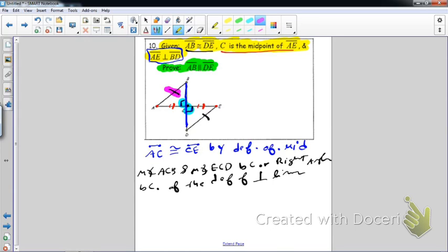I can look at the markings that I have now for AB and DE, and they are congruent, they're the same. So now I have something that's very unique. This is the first thing that I said. Here's the second thing. I can say that triangle BAC is congruent to triangle DEC.